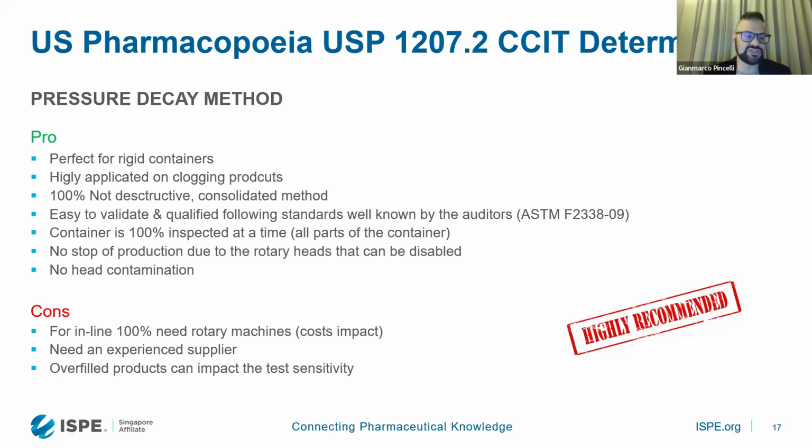So same considerations, with the important consideration that overfilled product can impact the test sensitivity. In vacuum decay, you basically see the evaporation of the liquid, although there is a really low quantity of air inside. In the case of pressure, we have to check whether a certain overfilled product can be leak tested using a pressure decay method.